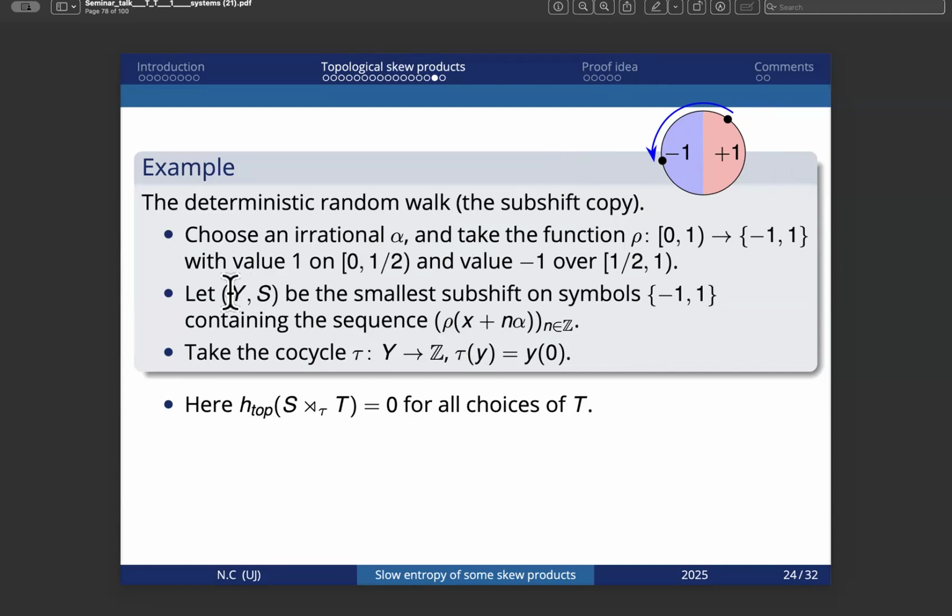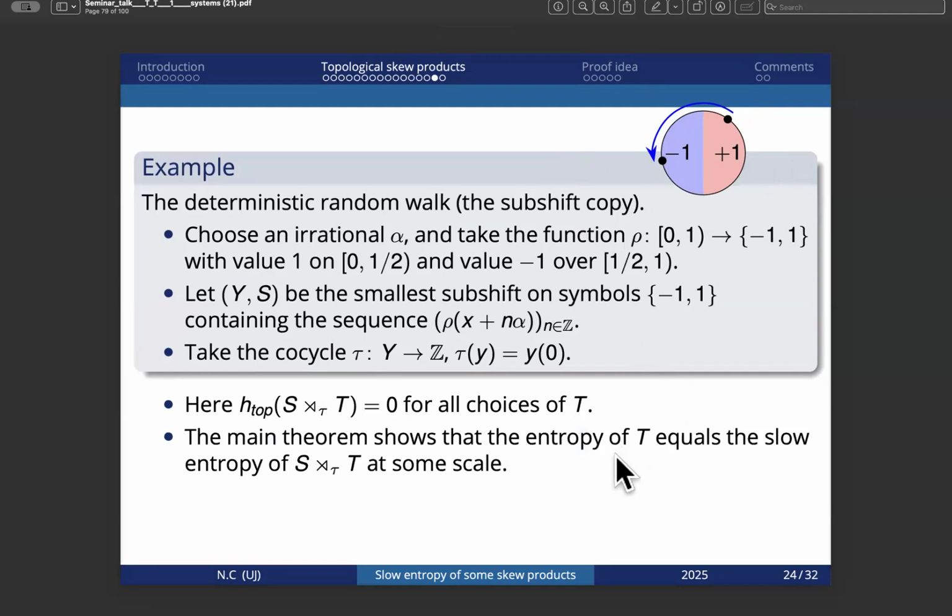This subshift is minimal, and this function is not a coboundary, and this was essentially proved by Kesten a long time ago, so it's classically true. So then we are happy and we can apply the main theorem, which tells us that there is a scale for slow entropy such that if we compute the slow entropy of the product, we recover the entropy of the fiber.